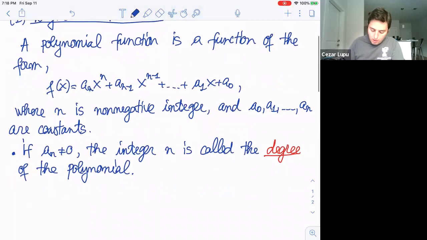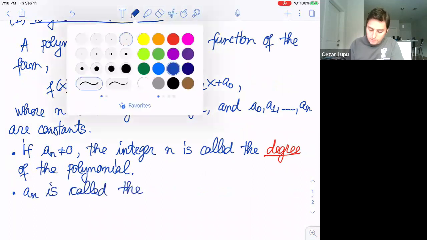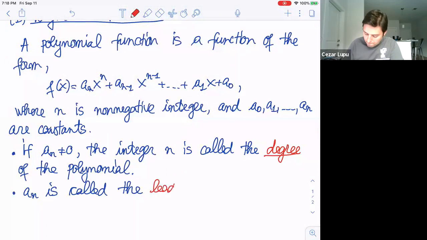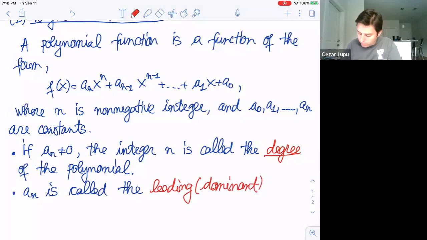Also, a sub n is called the leading, or we would say dominant, coefficient.